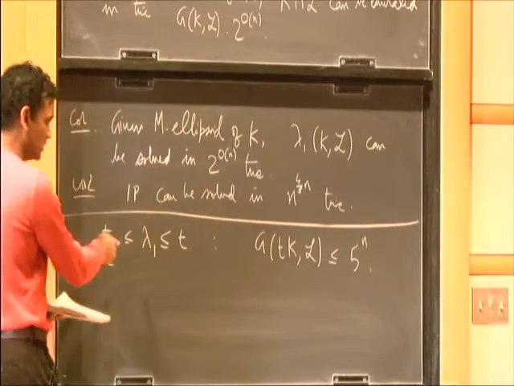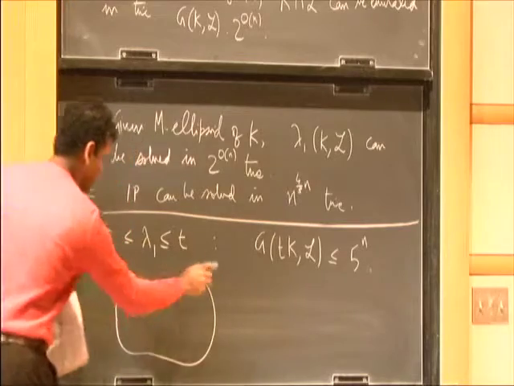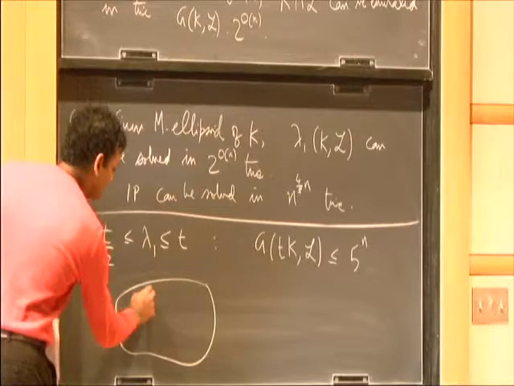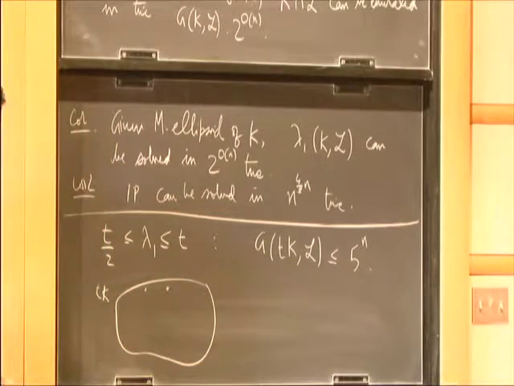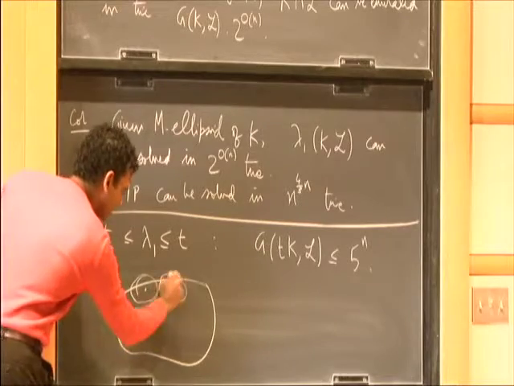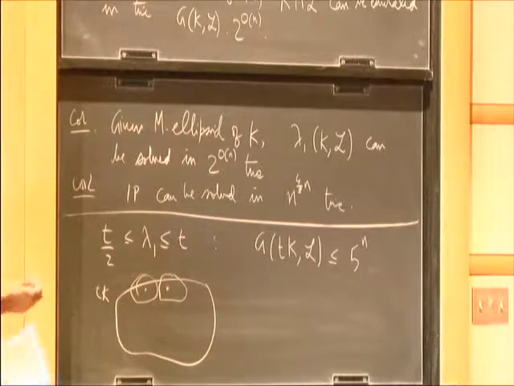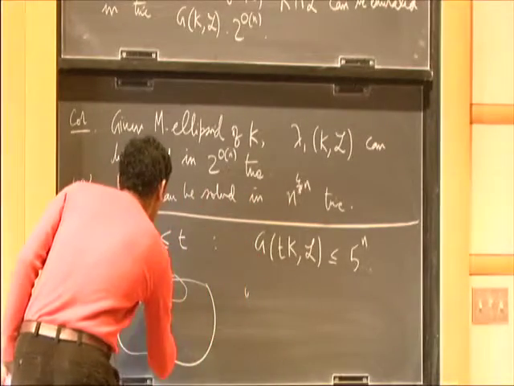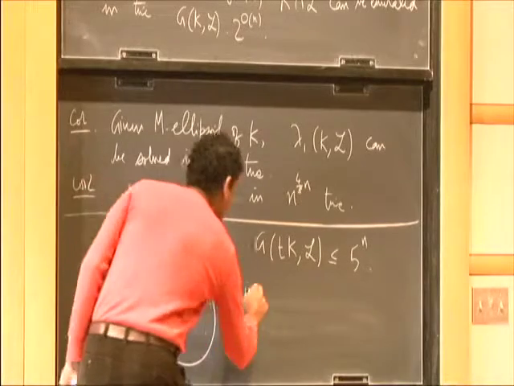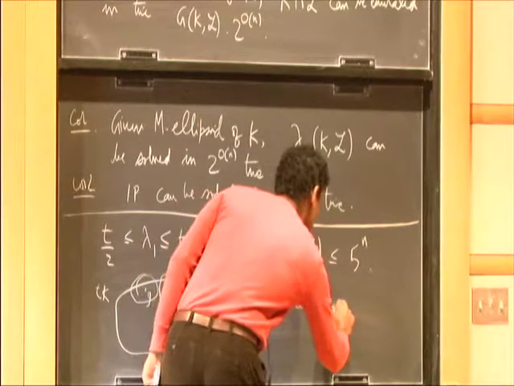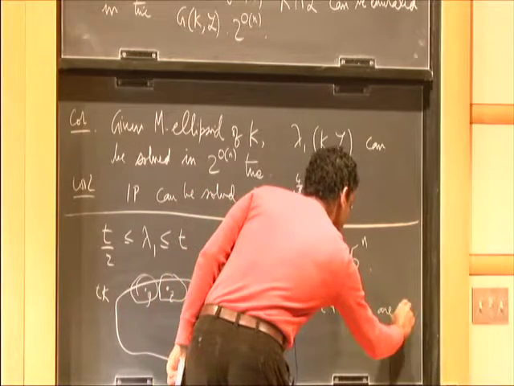Because T over 2 is a lower bound, if I take some shift of TK, x plus TK, and any two lattice points of L, of course their minimum distance is lambda 1. So I can put copies of K scaled by lambda 1 over 2 around each one. So for any two lattice points y and z, y plus lambda 1 over 2 K and z plus lambda 1 over 2 K are disjoint.